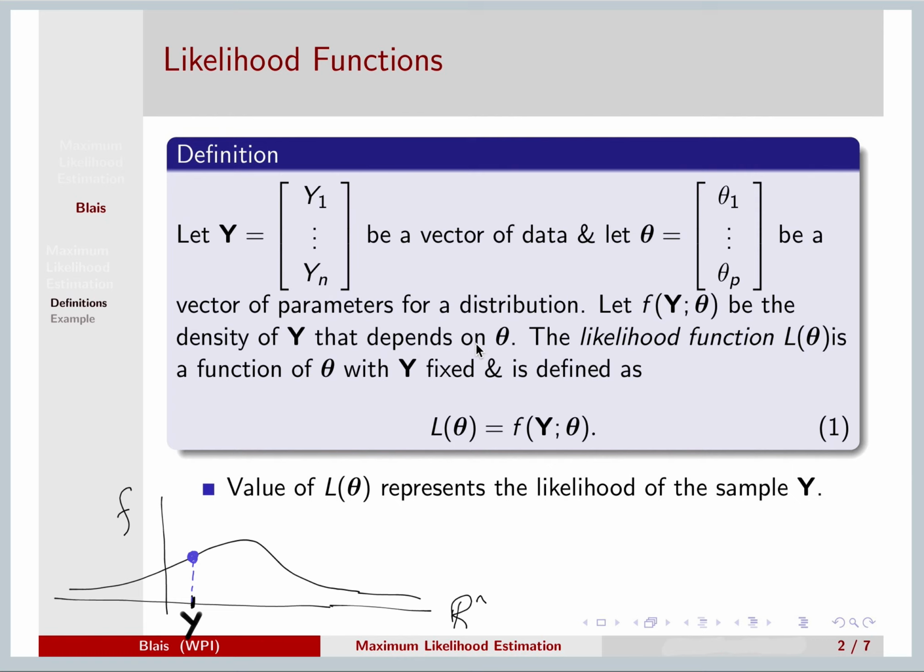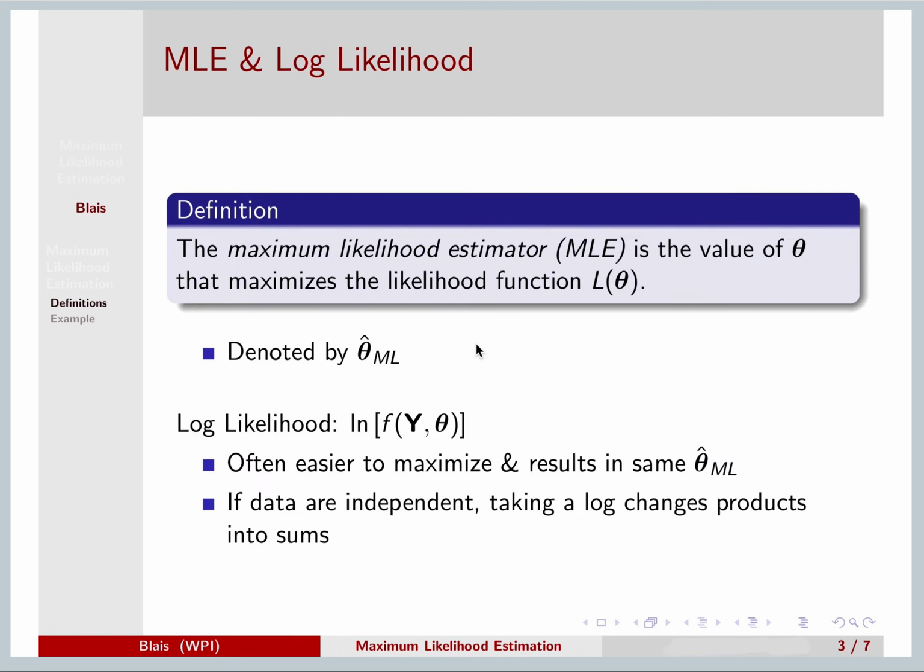It'll change the shape of it. And that gets us to this idea of maximum likelihood, where we say the maximum likelihood estimator is the value of theta that maximizes the likelihood function L of theta. And we denote it by theta hat sub ML.